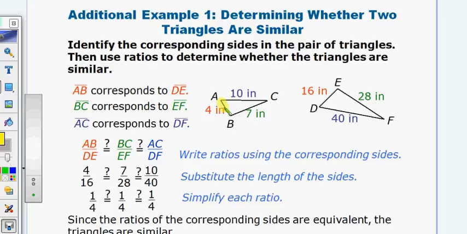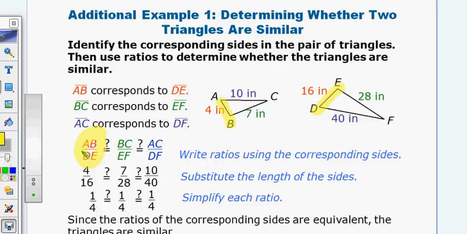Looking at the smaller side, AB, if we were to look on triangle DEF, which side is actually smaller? We notice that side DE is. And so when we go to write this out as corresponding pieces, you'll notice we put side AB and DE stacked on top of each other.